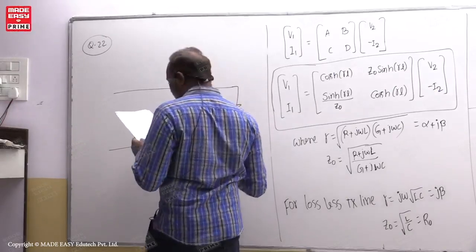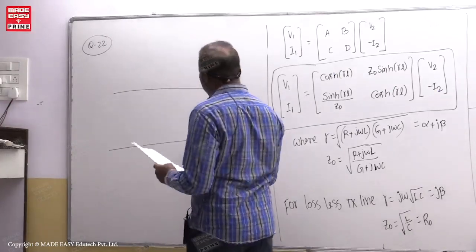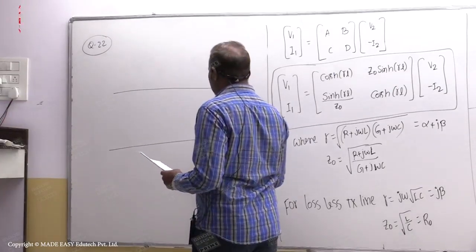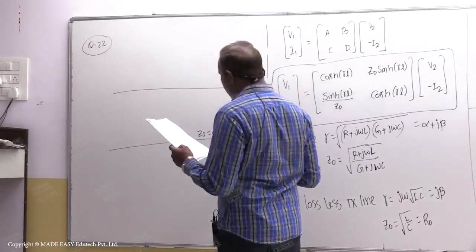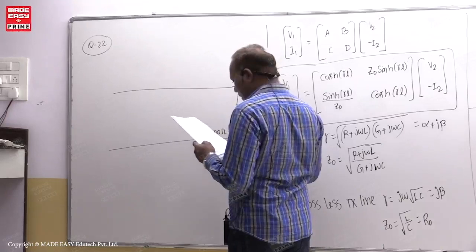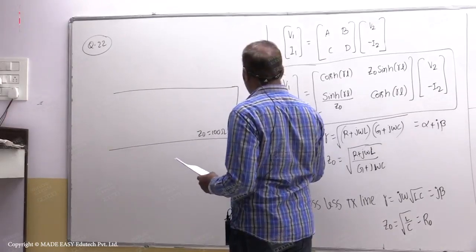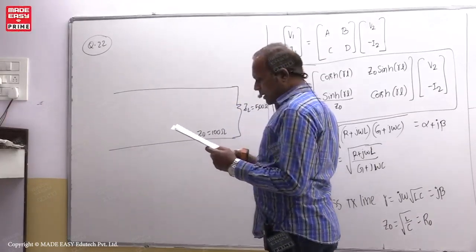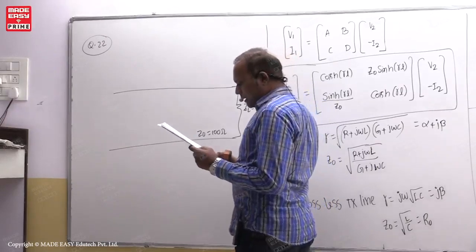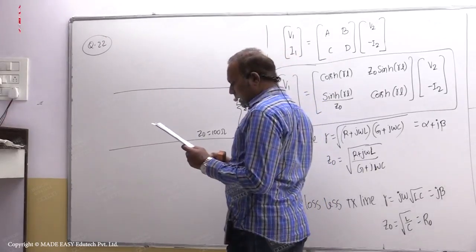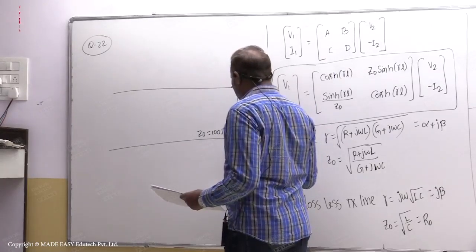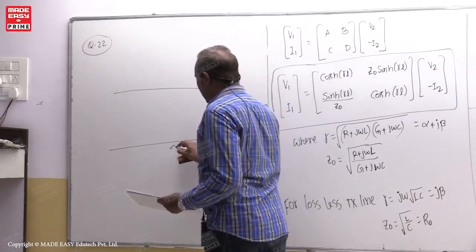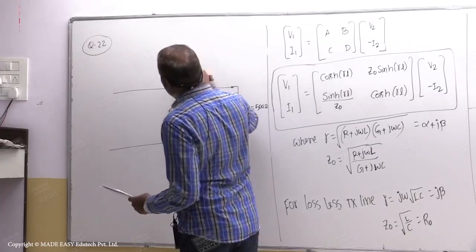So Z0 is equal to 100 ohm and ZL is equal to 500 ohm. The stub is placed at a distance d from the load. Like this the stub is there.